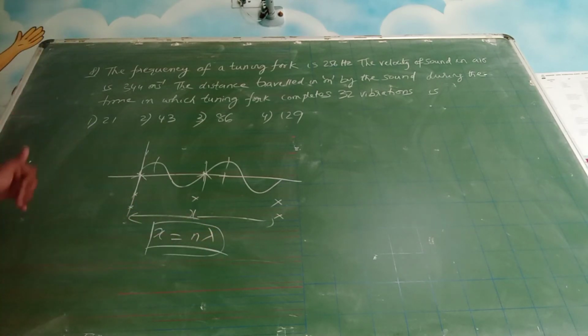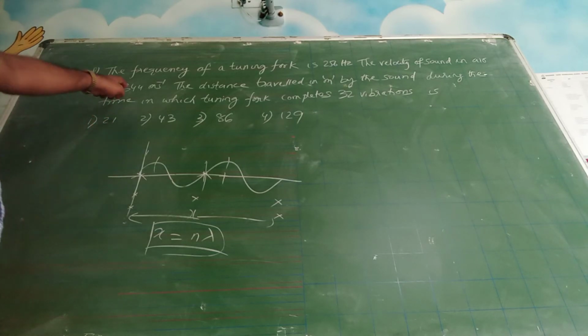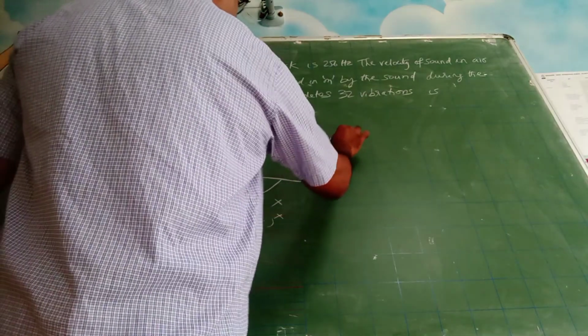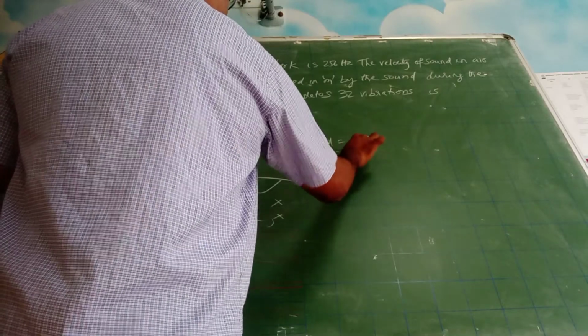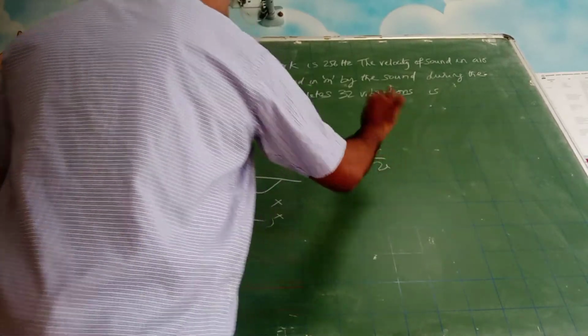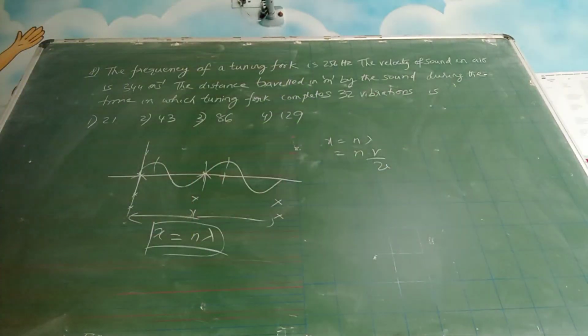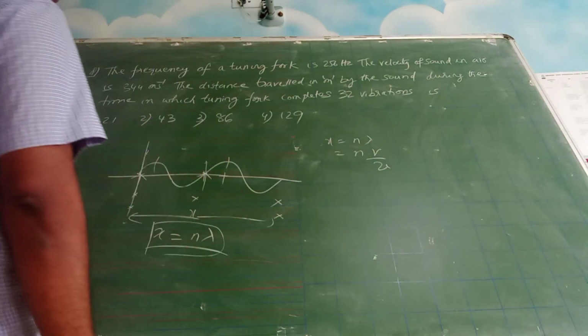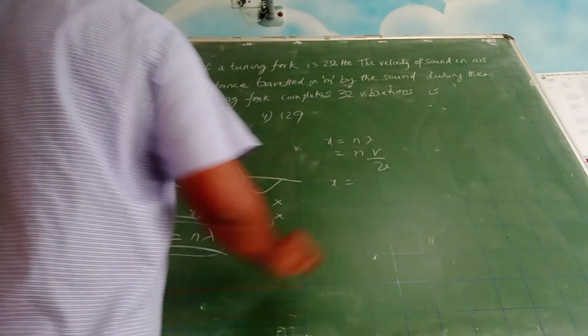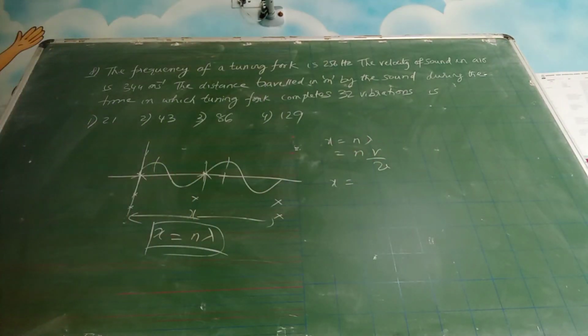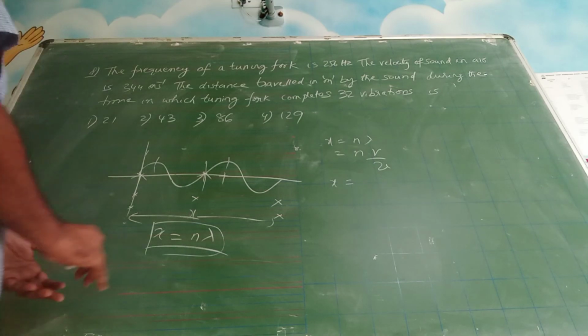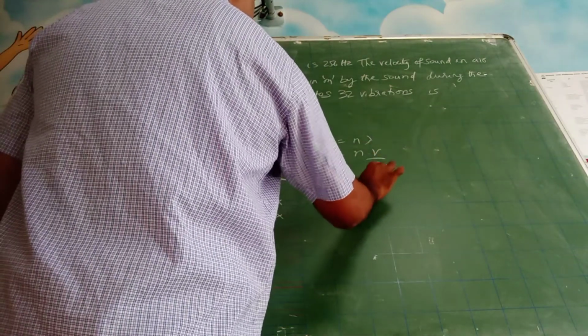Now here we have to find out, he has given you the speed. So x is equal to n lambda, that means n into v by frequency. What is lambda? It is speed by frequency. So we have to find out that x value. The distance travelled in meters by the sound during the time in which the fork is making 32 vibrations. So n is the number of vibrations, which is given as 32.